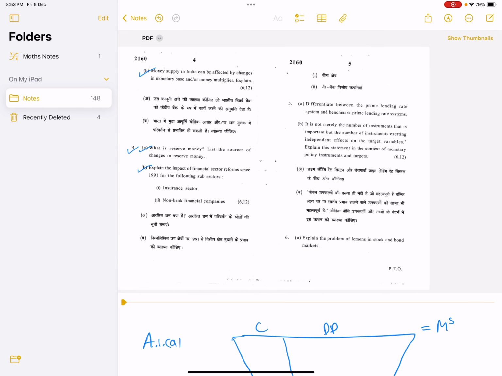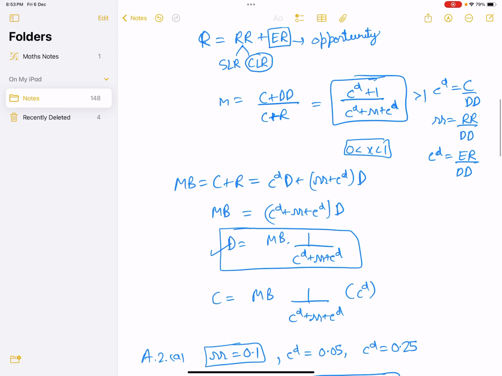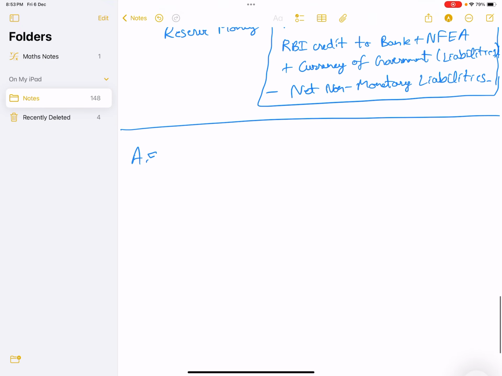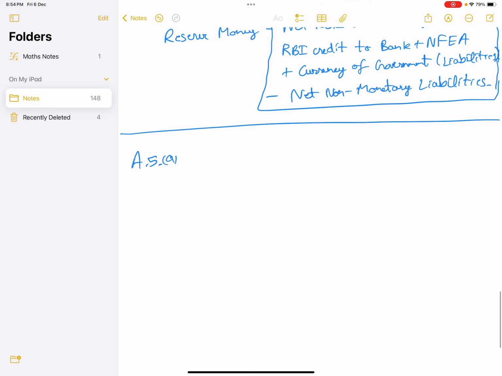Now coming to fifth A part, differentiate between the prime lending rate and benchmark prime lending rates. In this case, it is more fruitful if you draw a table. Prime lending rate is the minimum rate that you are charging the most creditworthy borrowers.